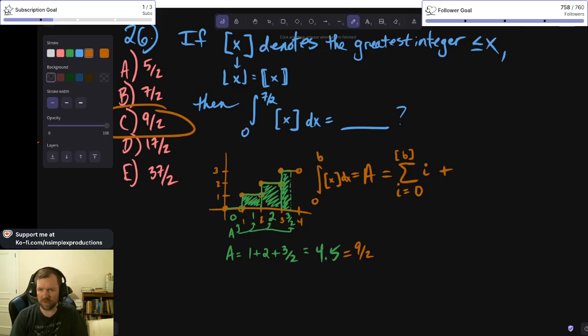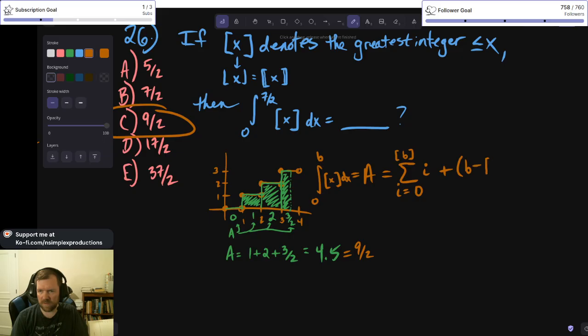Yep. Plus the partial bit. So this would have been the difference between greatest integer b and b. B would have been bigger.